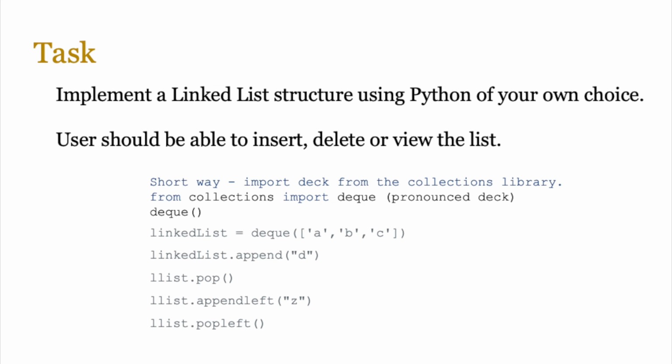And of course, there are short ways. You can import deque from the collections library, and deque allows you to just use the built-in functions to add items, remove items, or append items in a linked list. So if you want to investigate that, you could do that. That's an even quicker way of doing things in Python, but my suggestion would be to learn how to code these functions and procedures yourself.